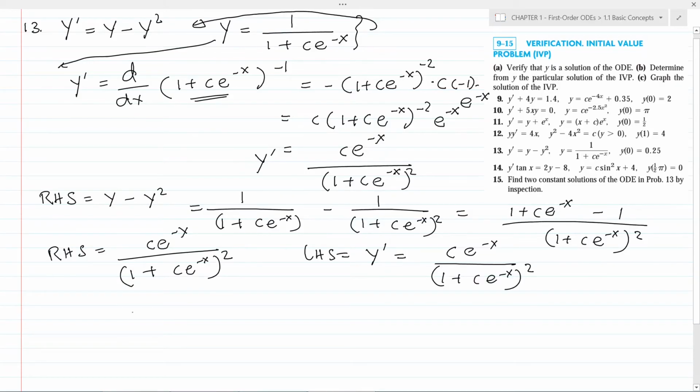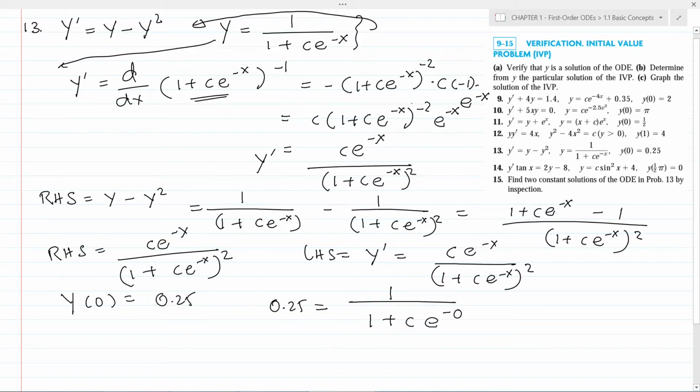Now we have been given the initial condition y of 0 equal to 0.25. We put this in the general solution and we evaluate the value of c. So 0.25 equal to 1 divided by 1 plus c e to the power minus 0.